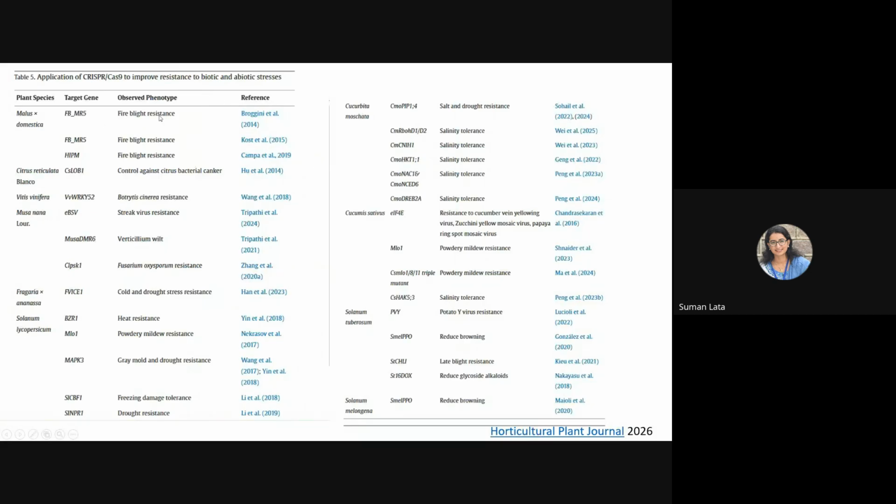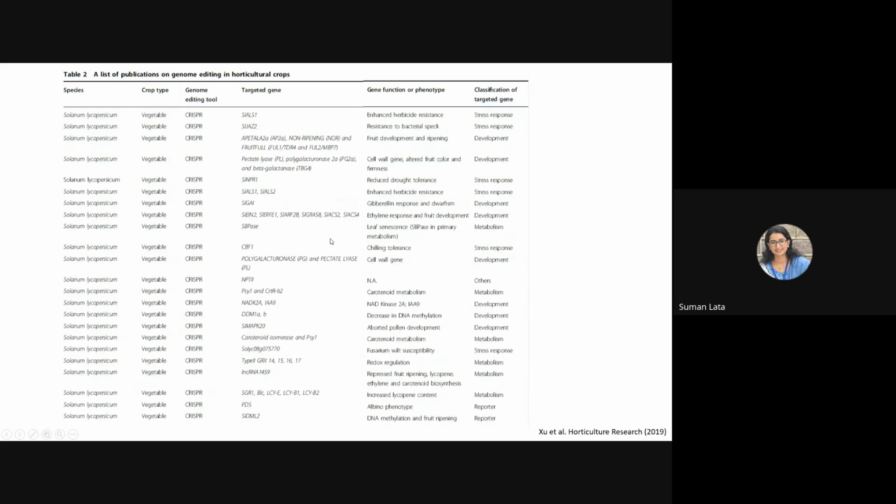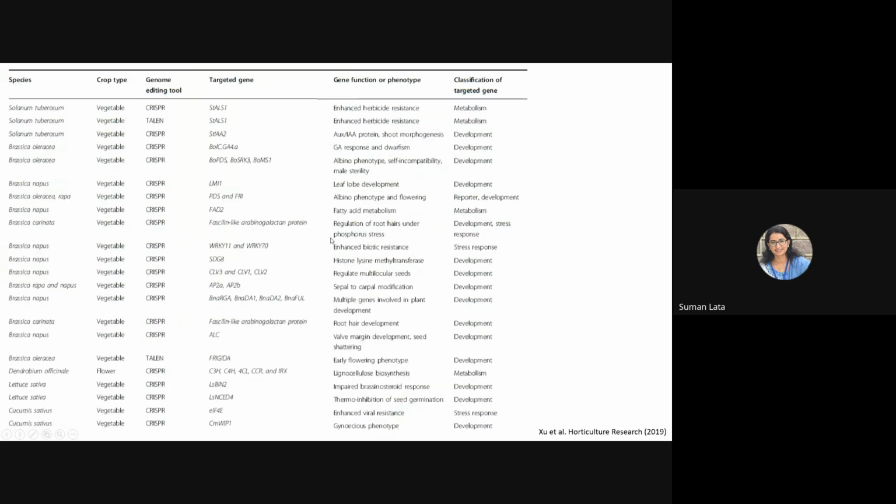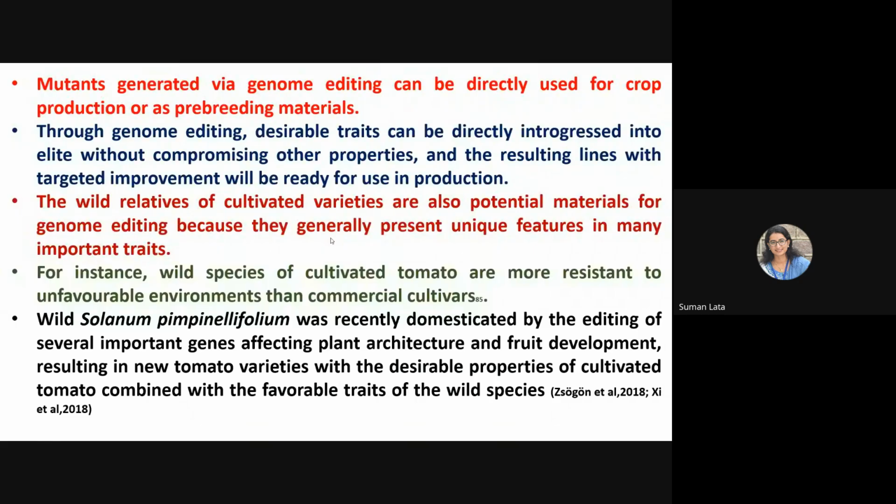Then these are the traits which are related to biotic and abiotic stress tolerance. So these are the traits which are targeted in the horticultural crops. So these are the other examples.